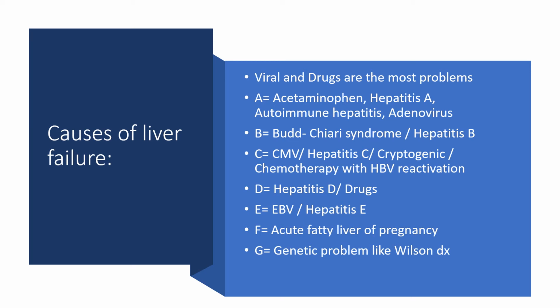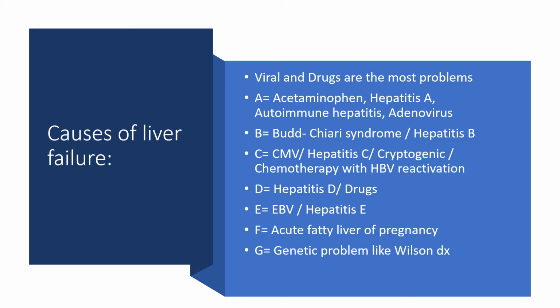Causes of liver failure. Viral and drugs are the most common problems. Part of the drugs will be acetaminophen, and part of the viruses will be hepatitis A, autoimmune hepatitis, adenovirus.